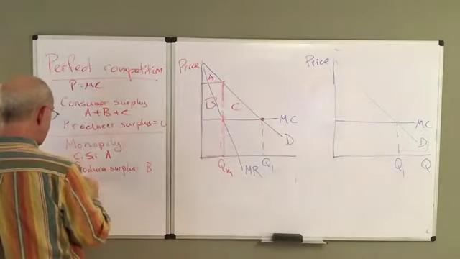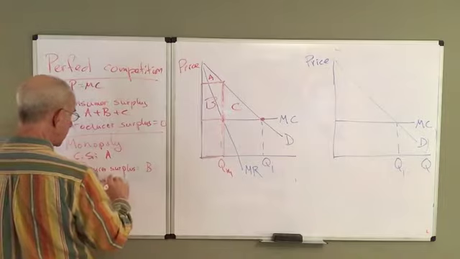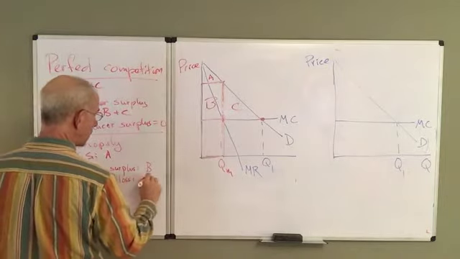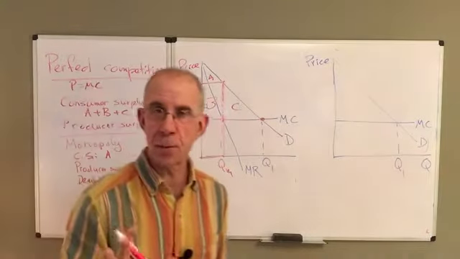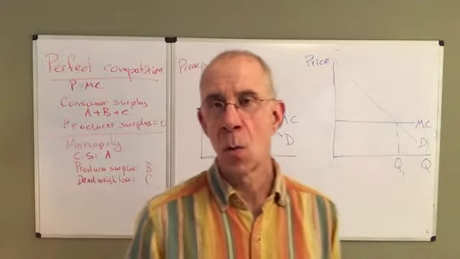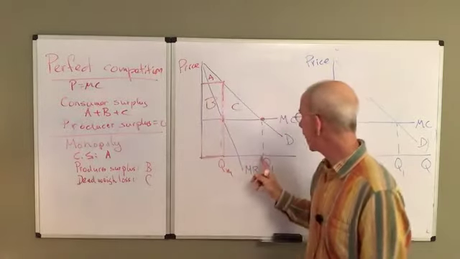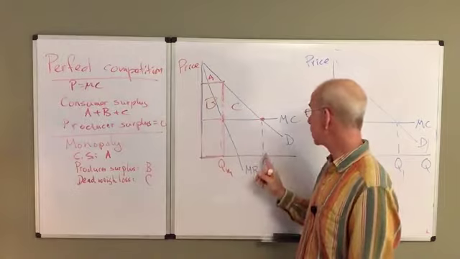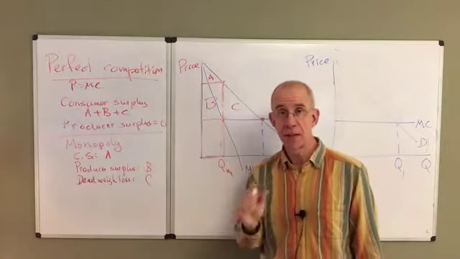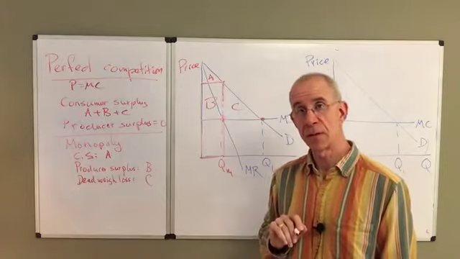And there's a deadweight loss of area C. Now let's think about what that means. What you have is that the monopolist will choose to restrict output from Q1, the perfect competition output, to QM. That's the monopoly quantity.